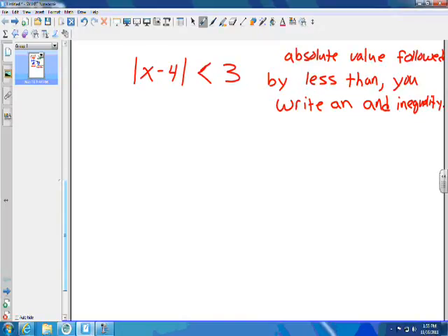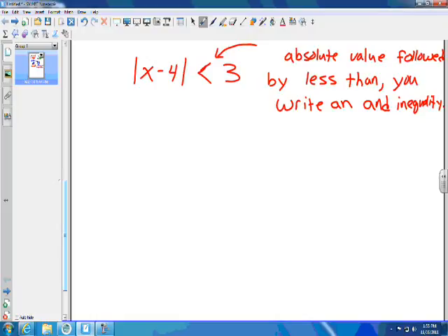So you've got to be able to recognize which one you've got there. If it's absolute value, so this is absolute value, it does not matter what's inside here. Just matters that you've got absolute value and it's followed by a less than. That is a less than sign. Absolute value followed by a less than, you write an and inequality.